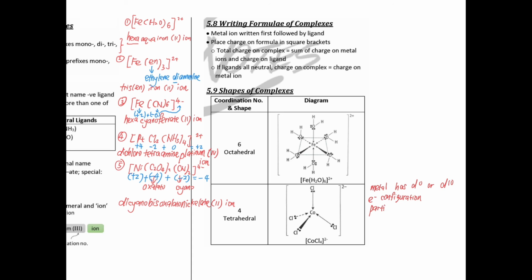But there is no need to know the reason because it is university syllabus. Just for some brief explanation, they form tetrahedral because they have 4 dative bonds.